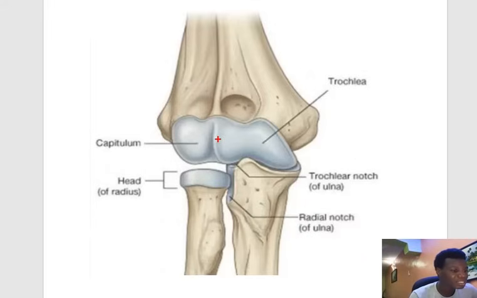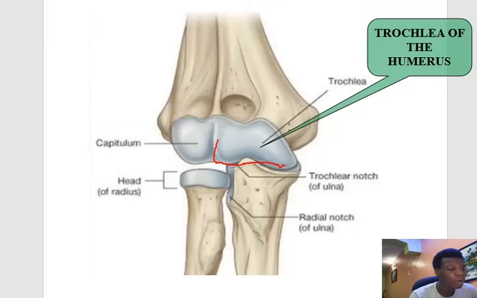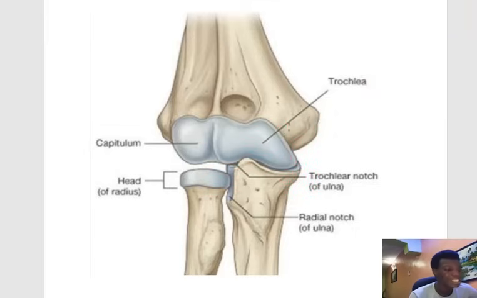The first is the trochlea of the humerus. Okay, this structure right here is the trochlea of the humerus, and it inserts into the trochlear notch of the ulna. I'll go over it again. The structure itself is the trochlea of the humerus, but it is inserting into the trochlear notch of the ulna.